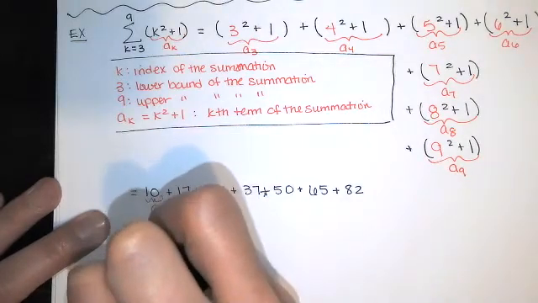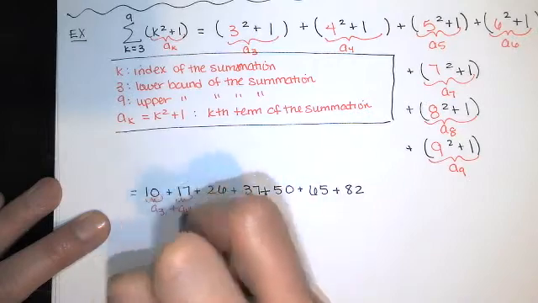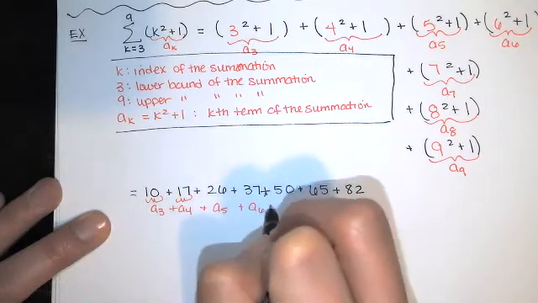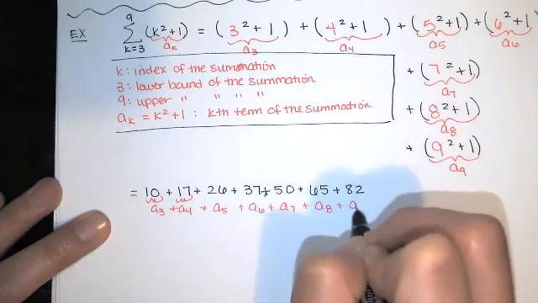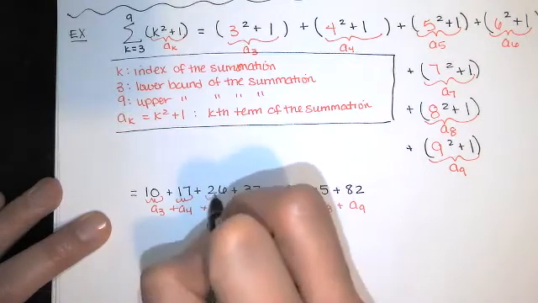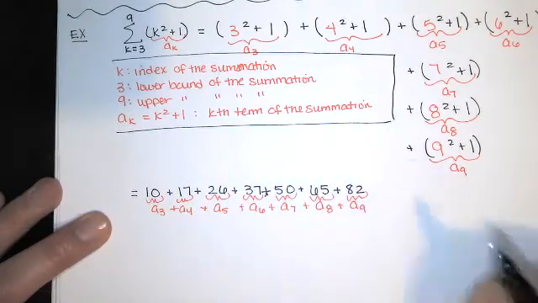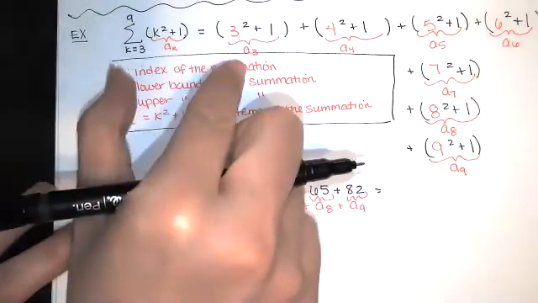So this is a sub 3, a sub 4, a sub 5, a sub 6, a sub 7, a sub 8, and a sub 9. And we add them all together, and that gives us the sum of that original expression. This is the value of this.